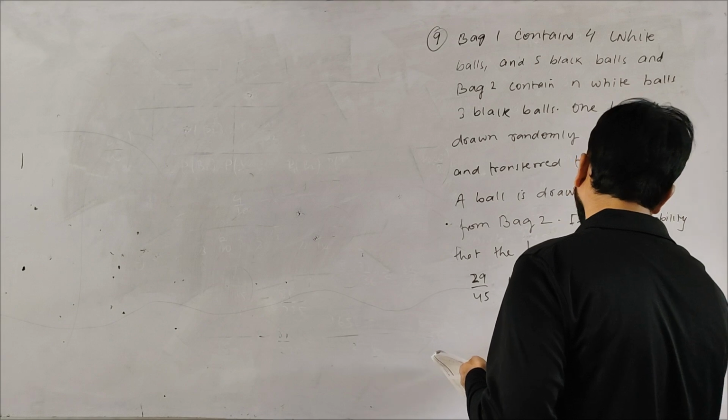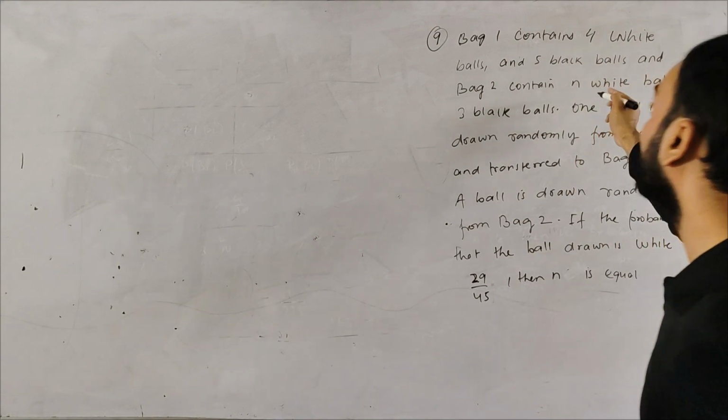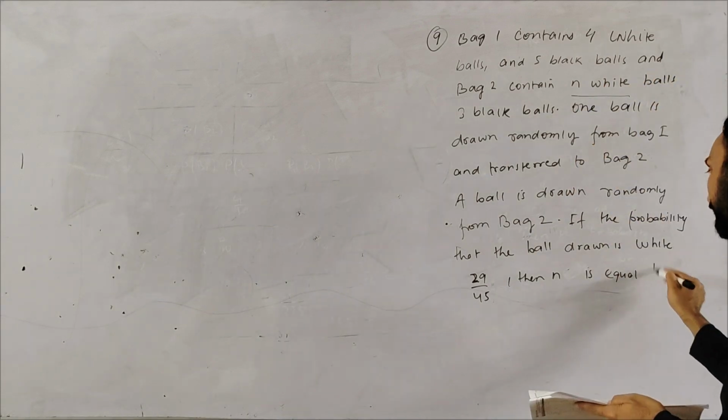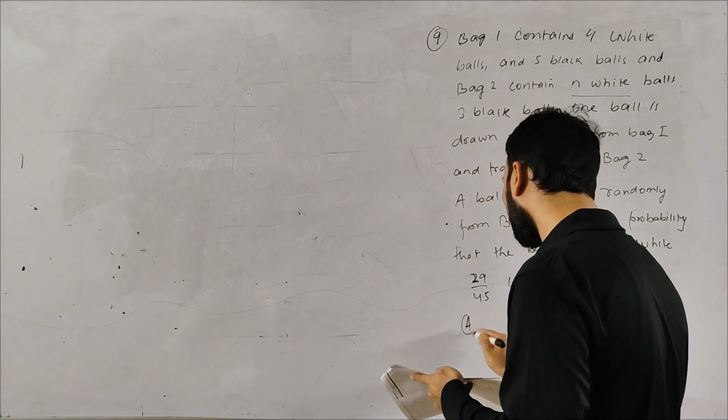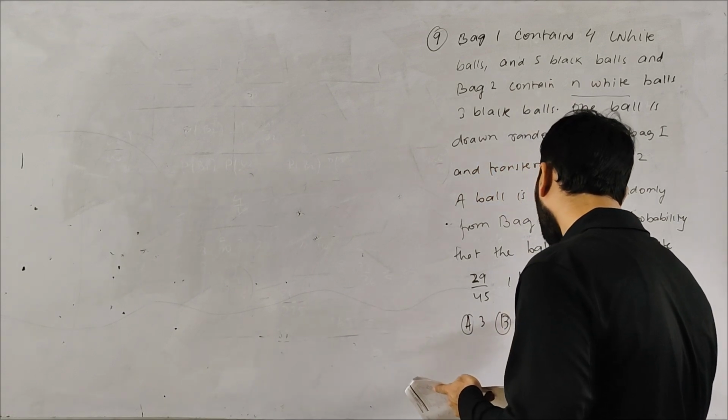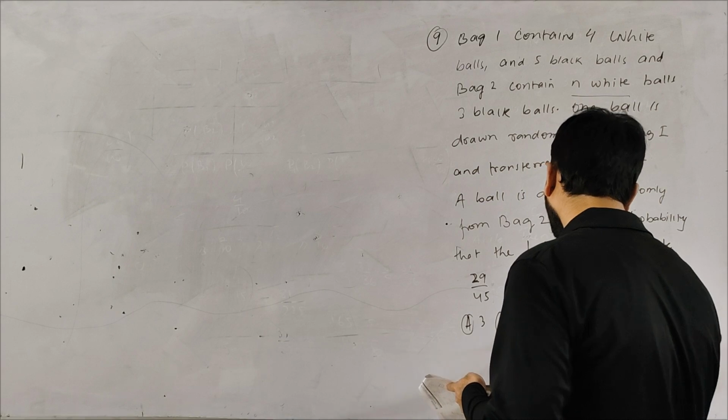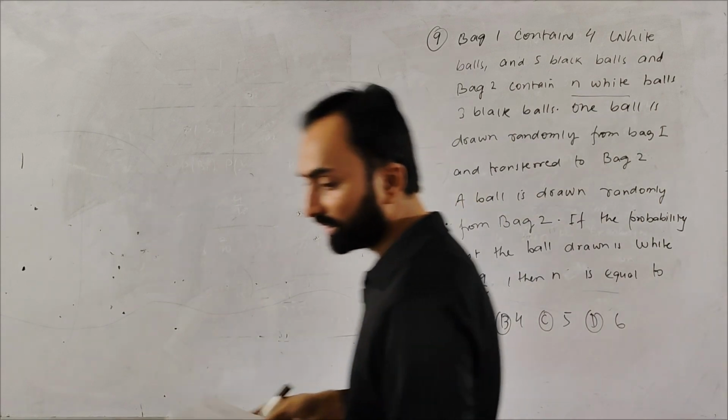Okay, so we have to basically find the value of n because n was missing here, no? They ask you to calculate n, and the options are 3, 4, 5 and 6. A is 3, B is 4, C is 5 and D is 6. Now just see what conditions we have.